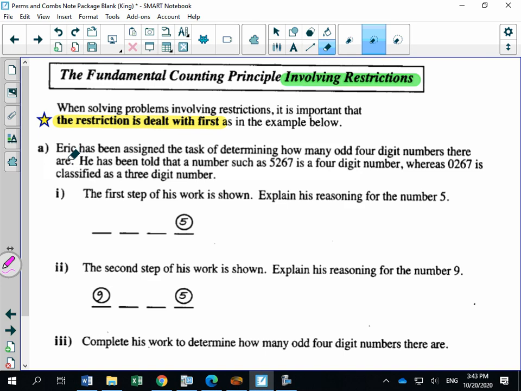It says Eric has been assigned the task of determining how many odd 4-digit numbers there are. So the first thing is 4-digit numbers. That would be 4 stages, right? Then we have to figure out how many odd 4-digit numbers we have.